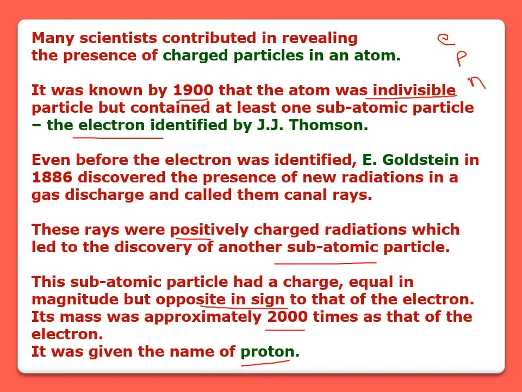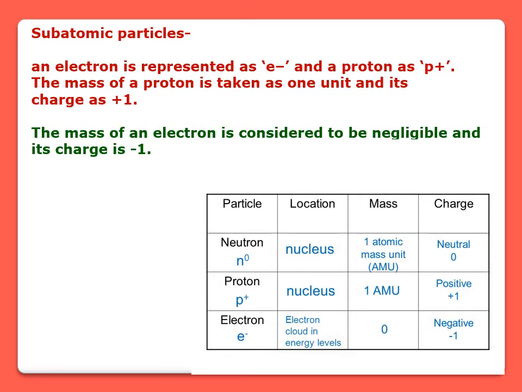Meaning, in comparison to this particle, the mass of the electron can be considered zero or negligible. So now you know that an atom has three subatomic particles, named neutron, proton, and electron.